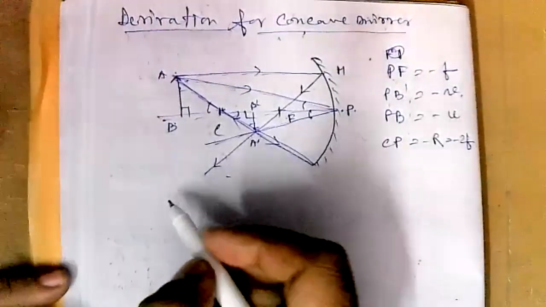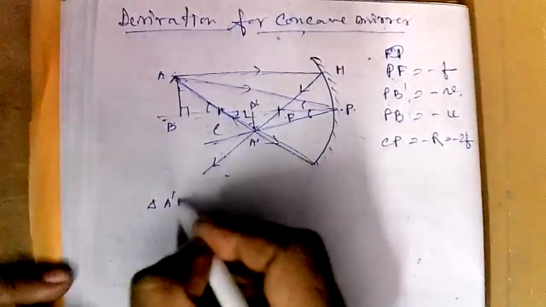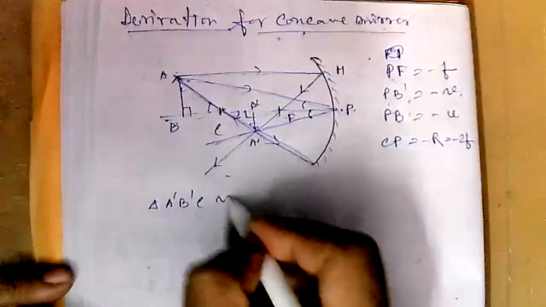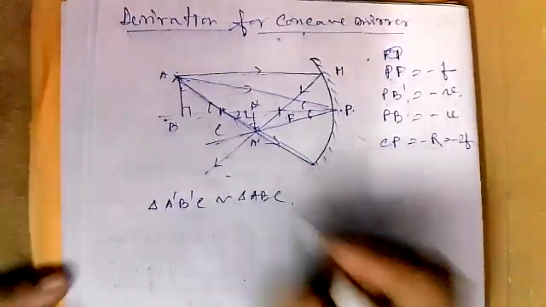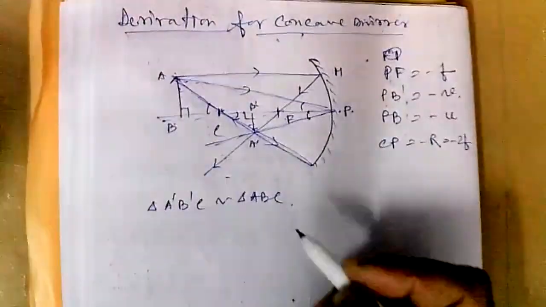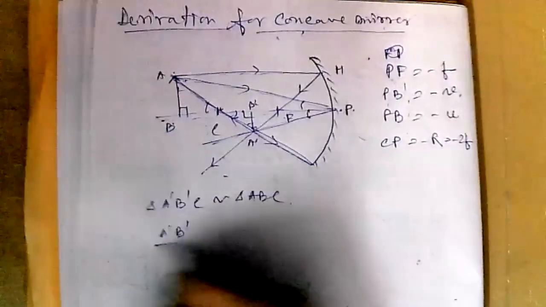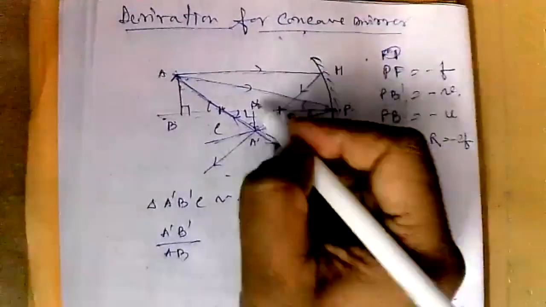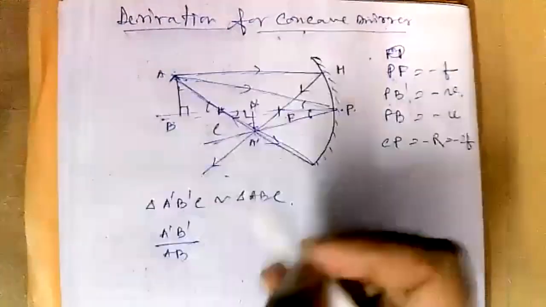So A dash B dash C is a similar triangle to triangle ABC. So the ratio of the arms will be same. A dash B dash by AB should equal CB dash by CB.